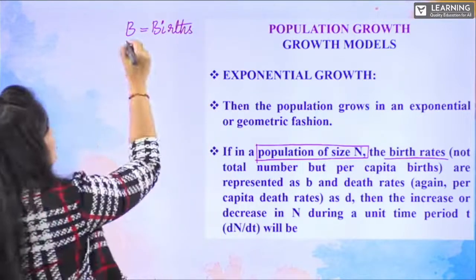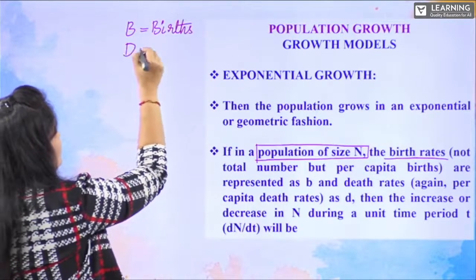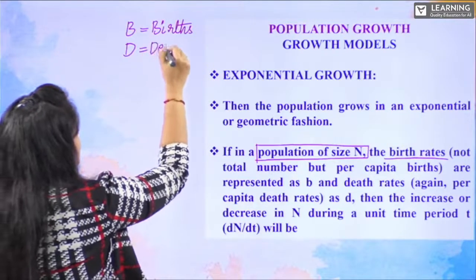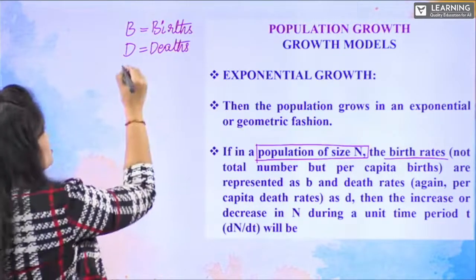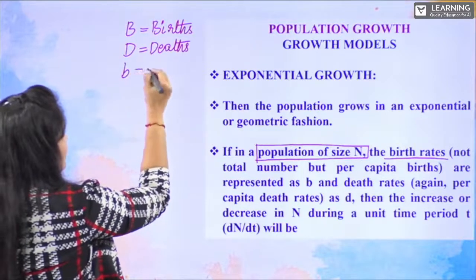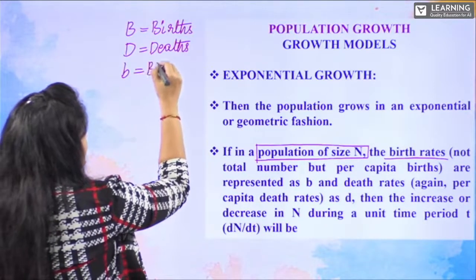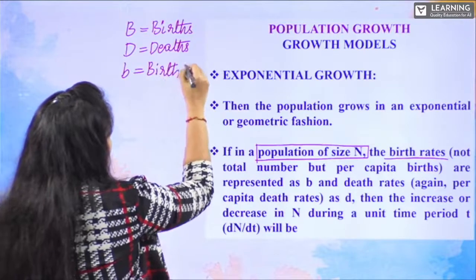Same way, capital D represents deaths, right? Small b represents birth rates.